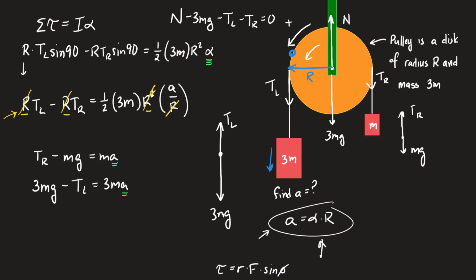We all okay with that? You said yes, so that's good. That means this becomes TL minus TR equals 3/2 MA. All the r's have disappeared.